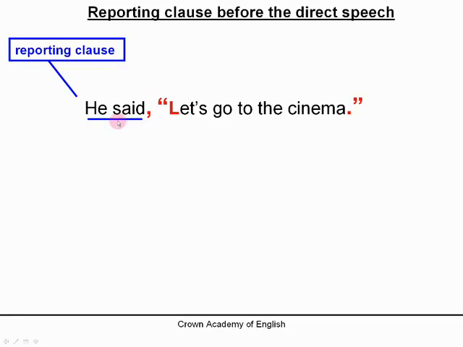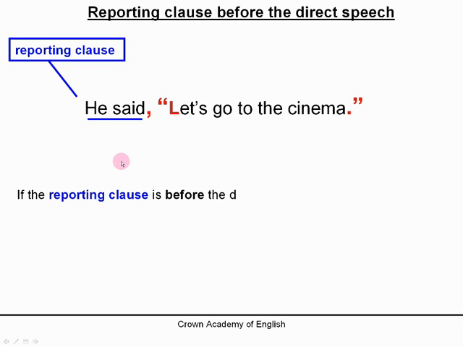This is the verb where we are reporting the direct speech. So, he said. And as you can see, in this example, it is before the direct speech. He said is before the direct speech.